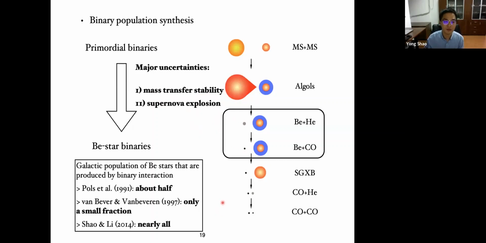So, based on different assumptions and treatment of these uncertain processes during binary evolution, different groups have different predictions. It is predicted that from only a small fraction to about half to nearly all of Galactic Be stars can be produced by binary interaction.